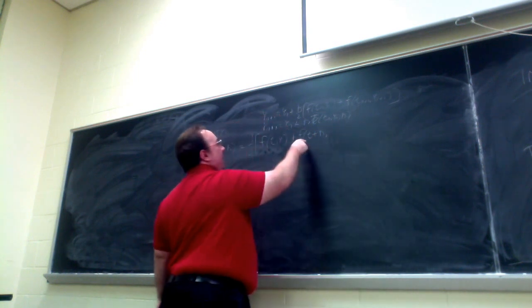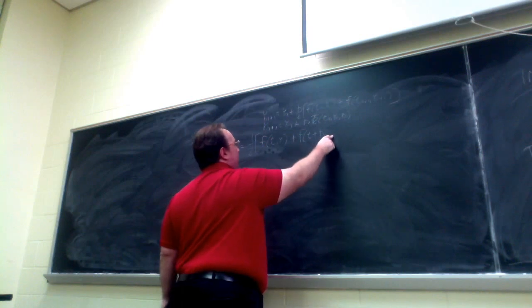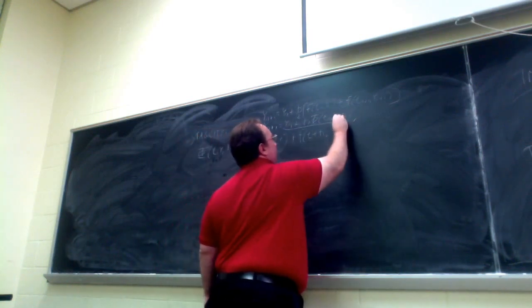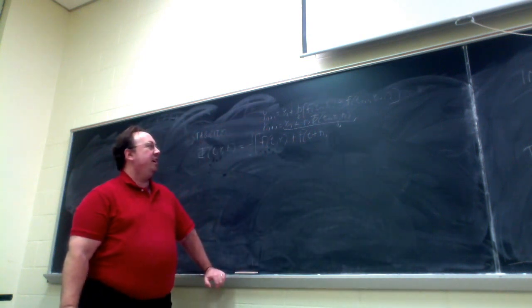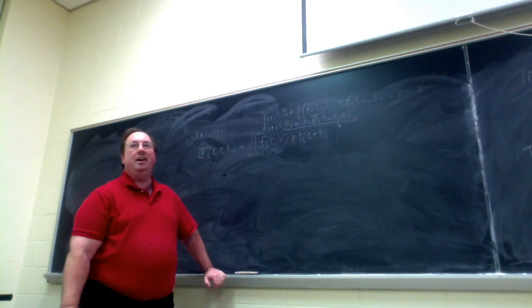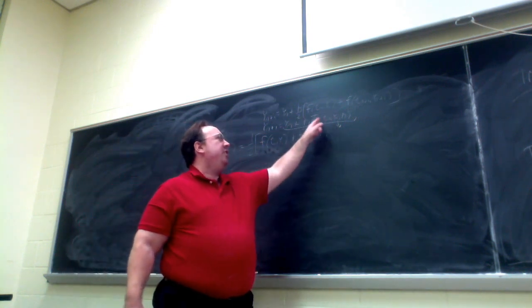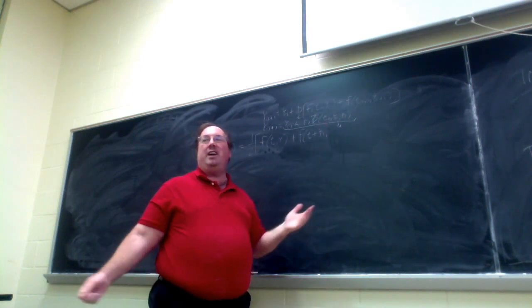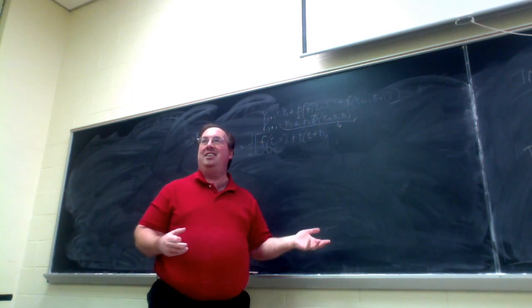I need f of t n plus 1, which is fine, and then I need y n plus 1 here. So what do they do? They just take this and substitute it in here. In other words, it's a total cop-out in a way, because it's kind of a strange way to describe its function. Its arguments are t n, y n, and h. I guess that technically that's all the input that a one-step method has.